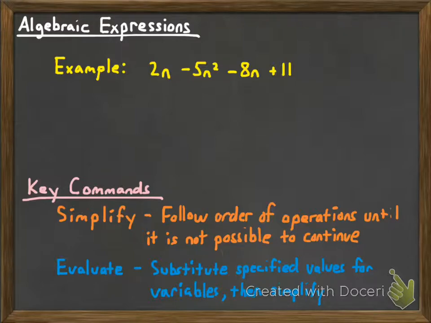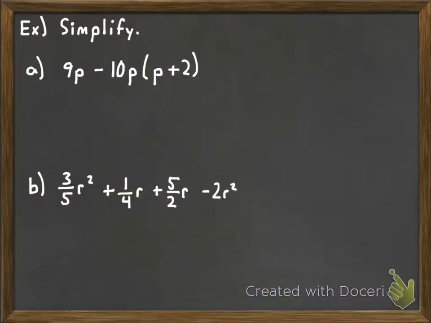All right, let me show you how to do each of those things. And I'm going to be trying to work in some fractions and other things along with you here too. You can kind of see that in the second part of this example, right? Okay, so let's simplify, which means we're going to follow order of operations till no more can be done.